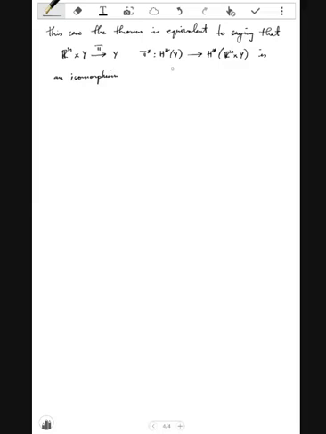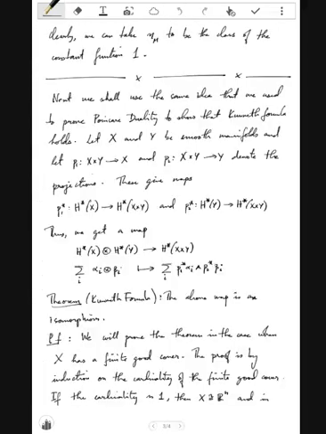So here, we know that pi^* from H^i(Y) to H^i(R^n cross Y) is an isomorphism.